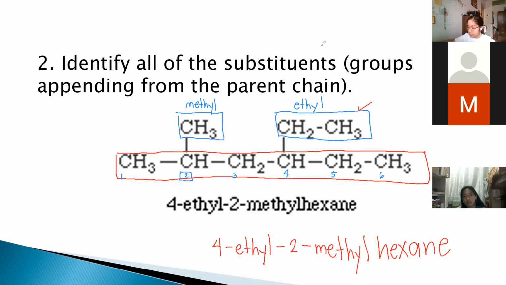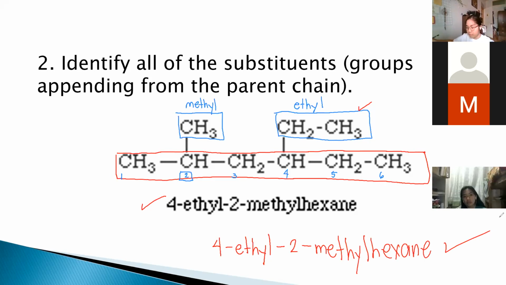And then, take note na dapat wala na sila space in between. So, let me adjust the hexane. So, yes, tama yung pangalan na nasa screen. 4-ethyl-2-methylhexane. So, that's how you name this organic compound.